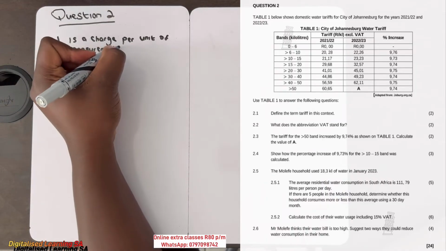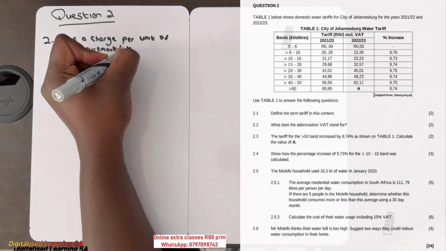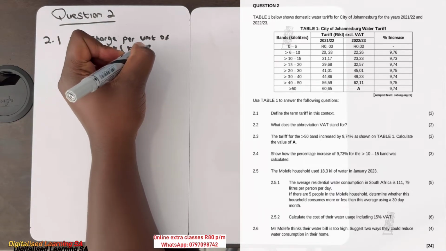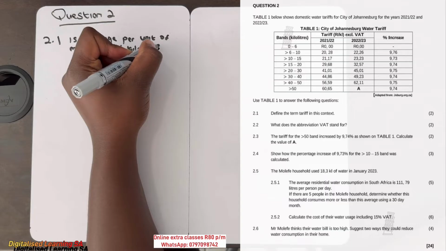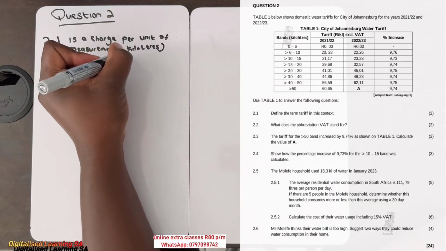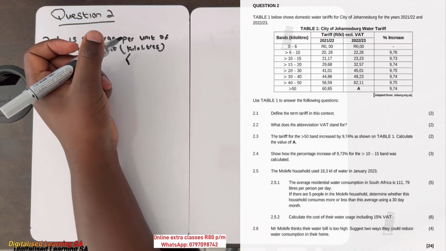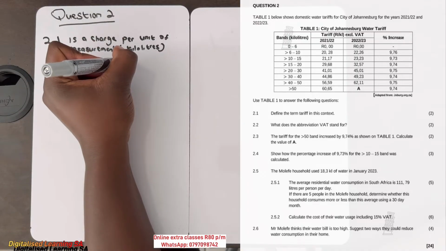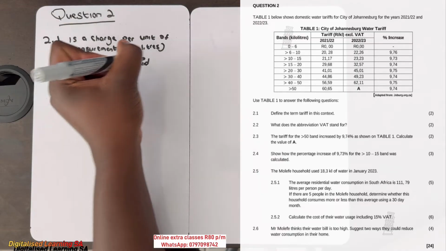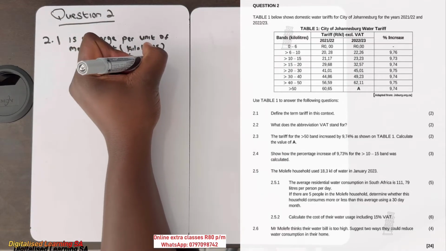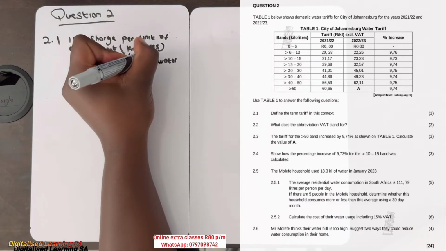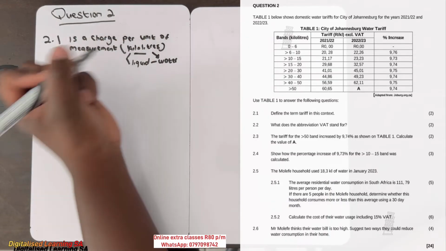And what are we measuring here? Kiloliters. And remember that kiloliters is used to measure things that are liquid. For example, we can talk about water. So we can use kiloliters to measure water.